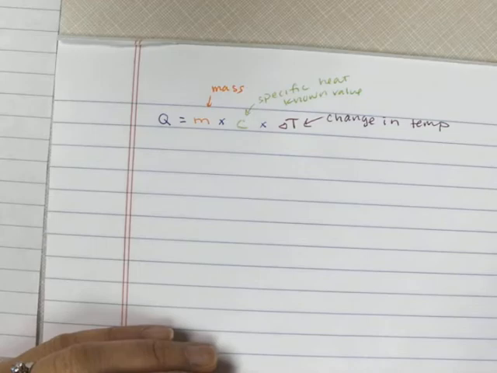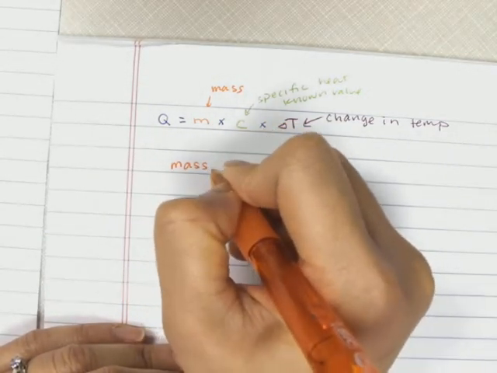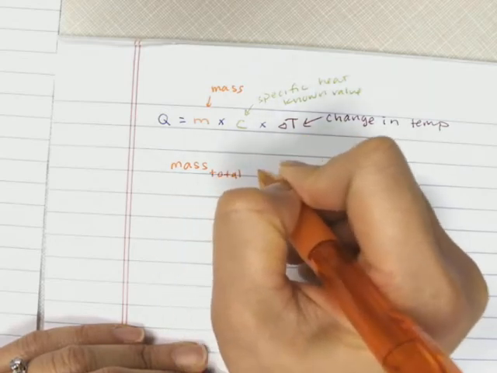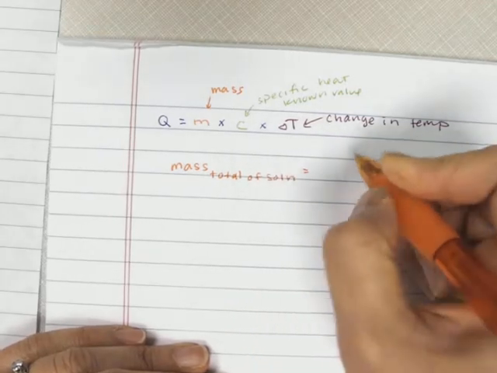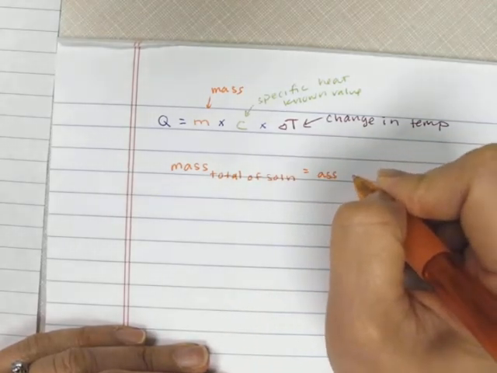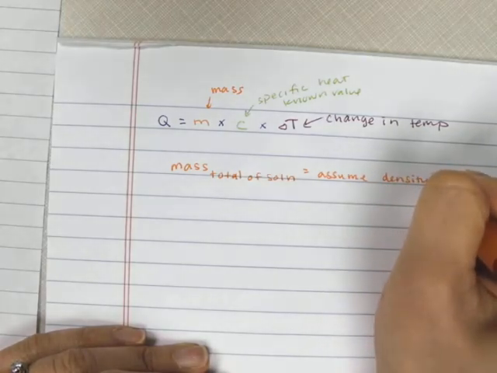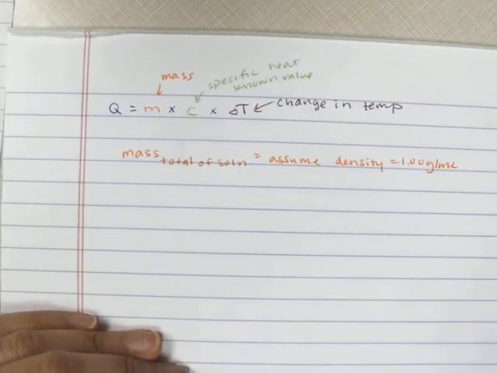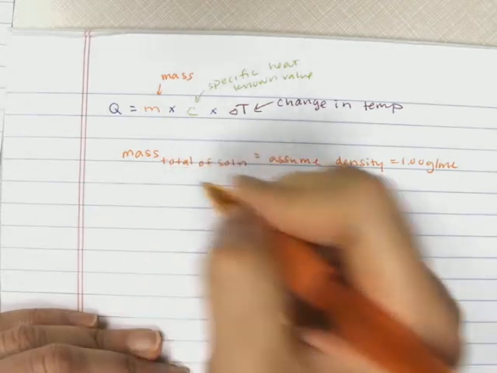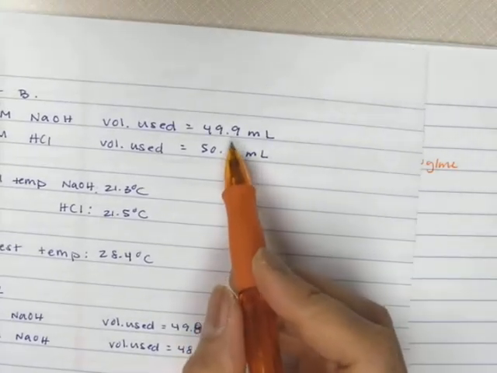All right, so to get m, I'm just going to start with the mass here. And this is the total mass of your solution. And to get this, you're going to assume that the density is 1. Okay, so for the mass of NaOH, that for my data is 49.9 mL.